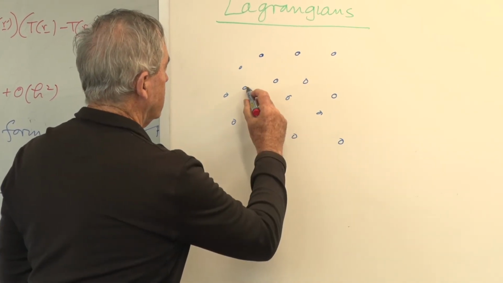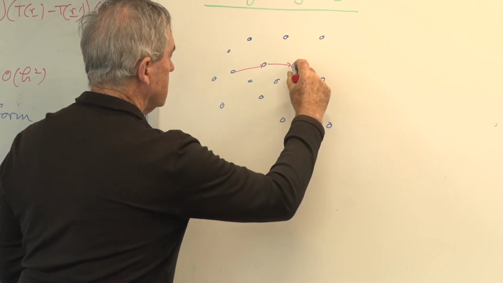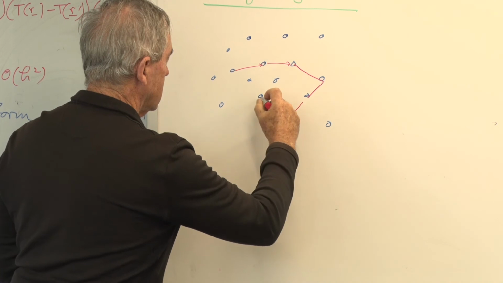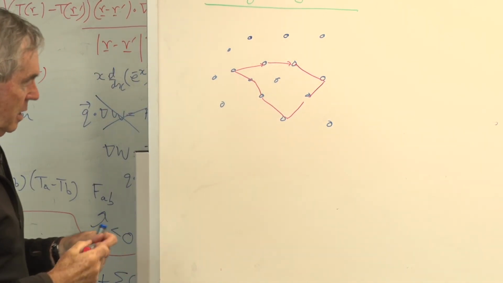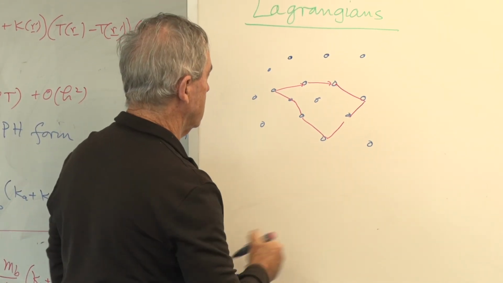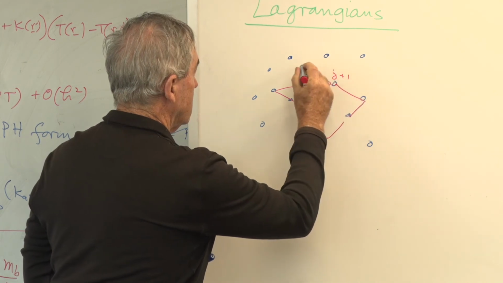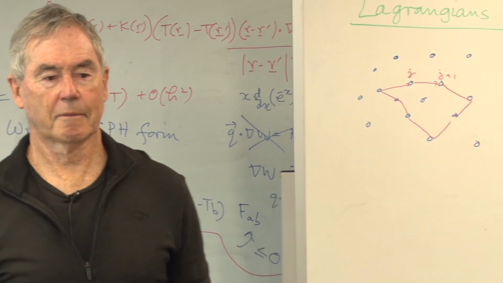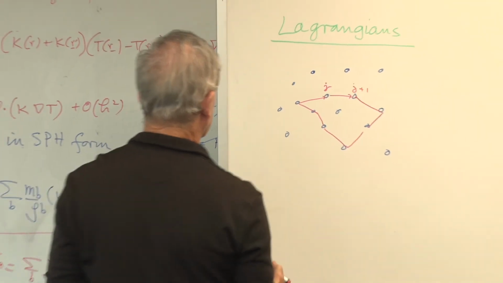Let's take a sort of ring of particles like this. And let me label one of these. We'll refer to that as a necklace. And the particles are like beads on a necklace.